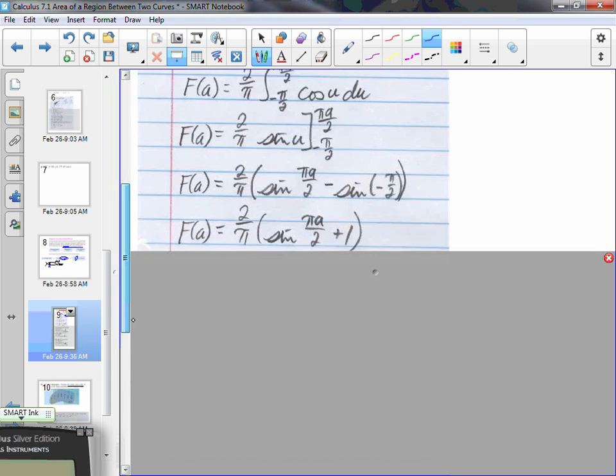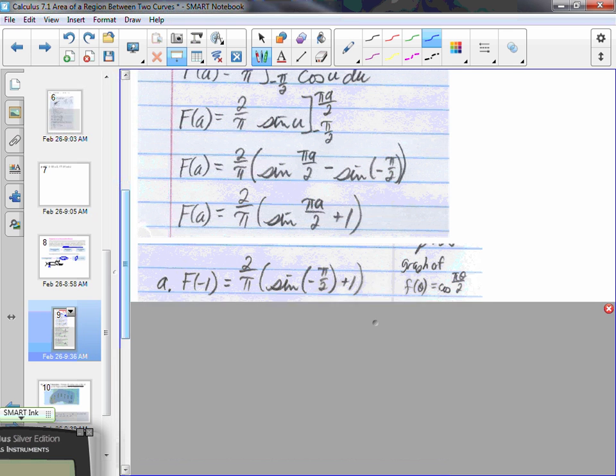So first, let's find the value when a equals negative 1. So capital F of negative 1. Oh, by the way, what's the answer going to be? It's going to be 0. We figured that out right off the bat. So capital F of negative 1 equals 2 over pi times the sine of, then look, pi a over 2.